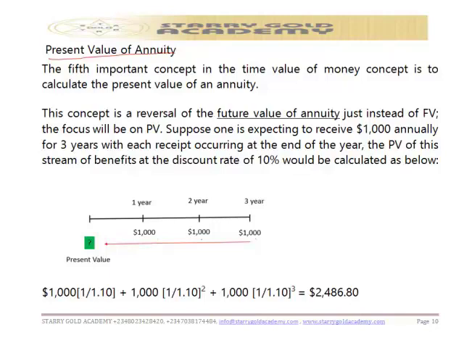But now, how much can you put down now to be able to receive 1,000, 1,000, 1,000? So remember, the present value of our annuity will be equal to future value all over 1 plus r raised to power n minus 1.